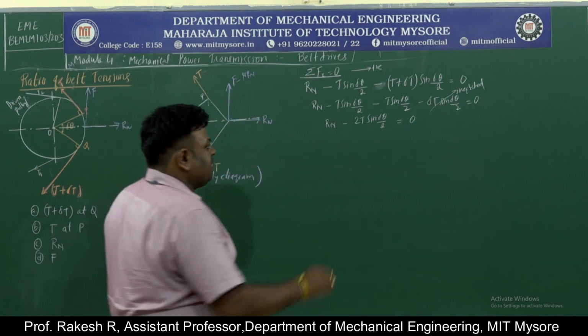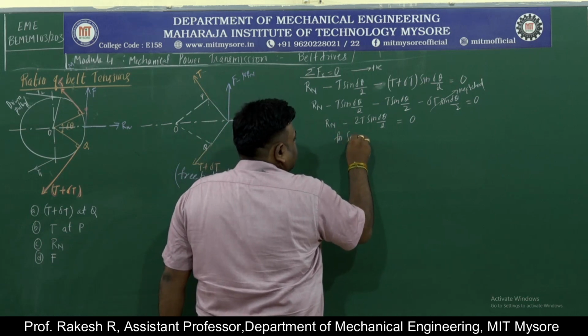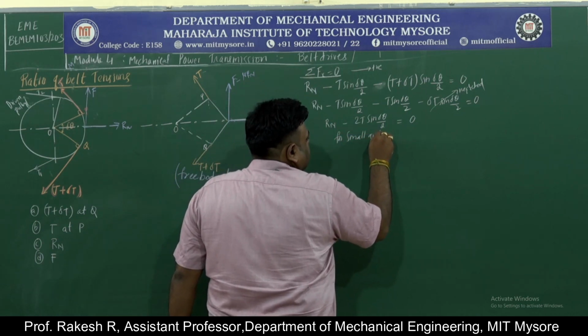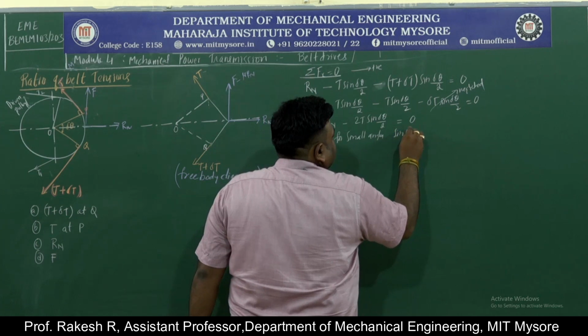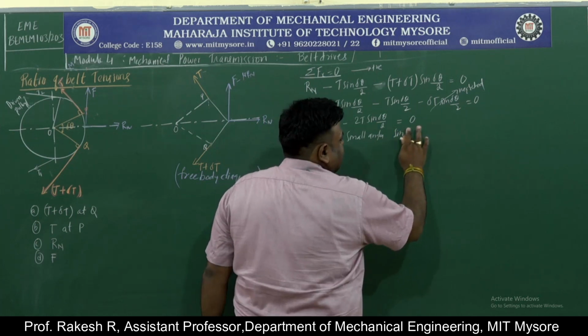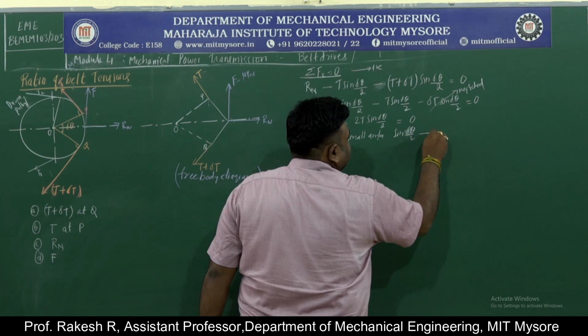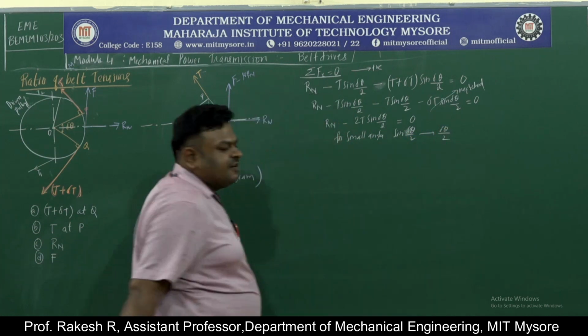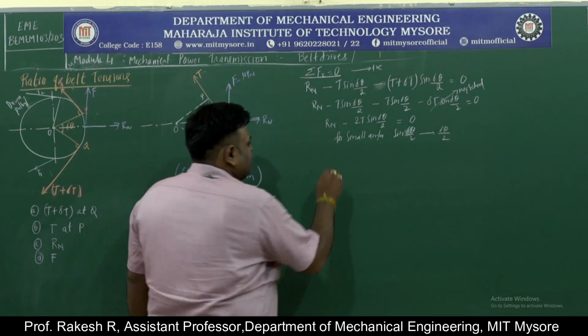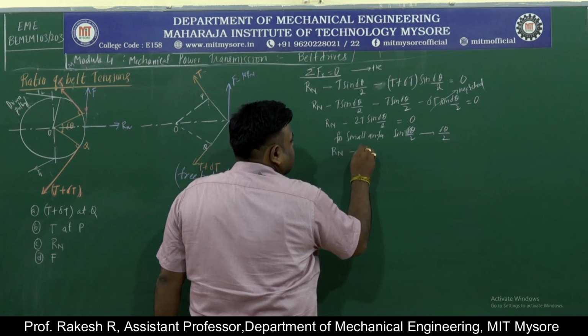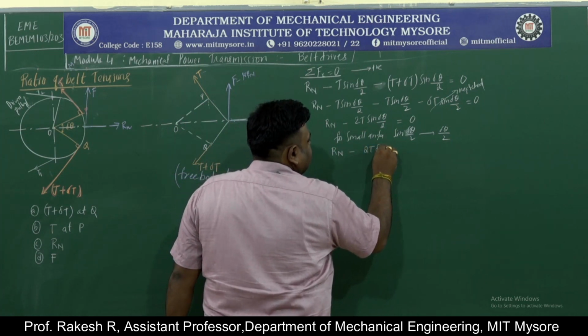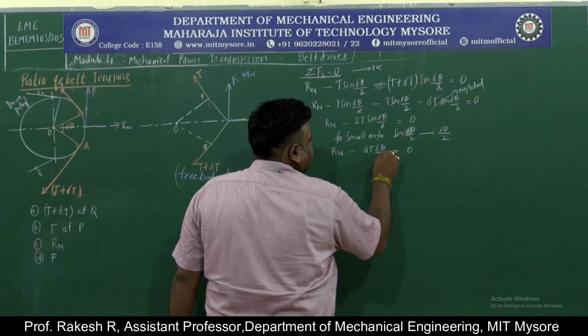Again, for small angles, sine theta tends to theta. So sine delta theta by 2 tends to delta theta by 2. I will write this as Rn minus 2T delta theta by 2 equal to 0.